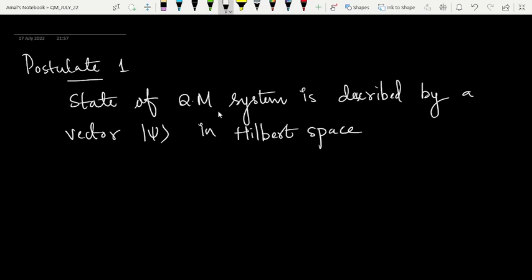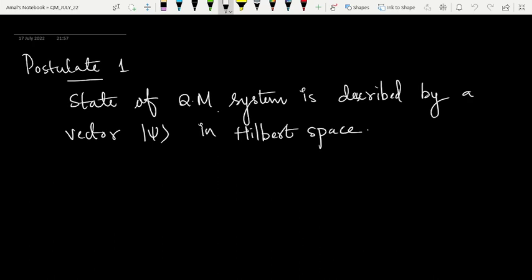So we started by answering the question, what is Hilbert space. In the last class I said that if we need to understand what a Hilbert space is, we need some terminologies. And in last class we studied some definitions, such as linear vector space, linear independence, and basis dimensionality.